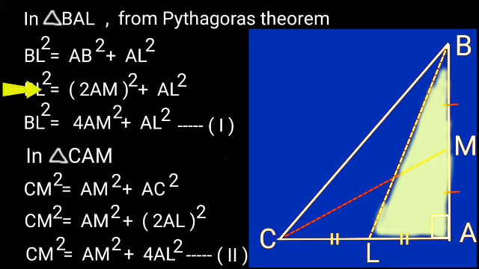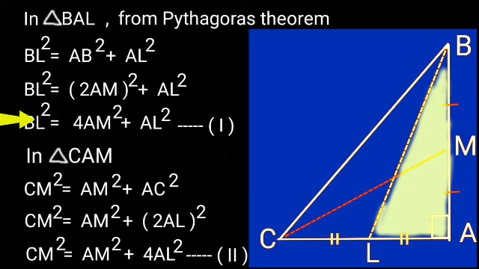Hence, instead of AB, we have right here (2AM) square plus AL square. That is, BL square is equal to 4AM square plus AL square. This is our first equation.